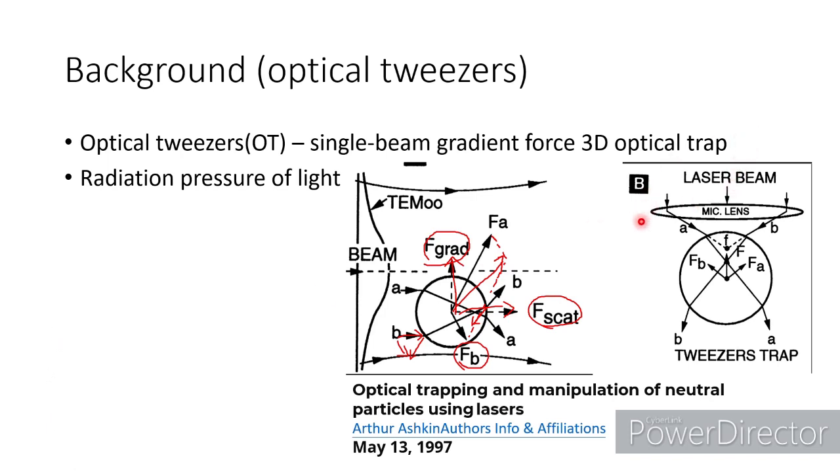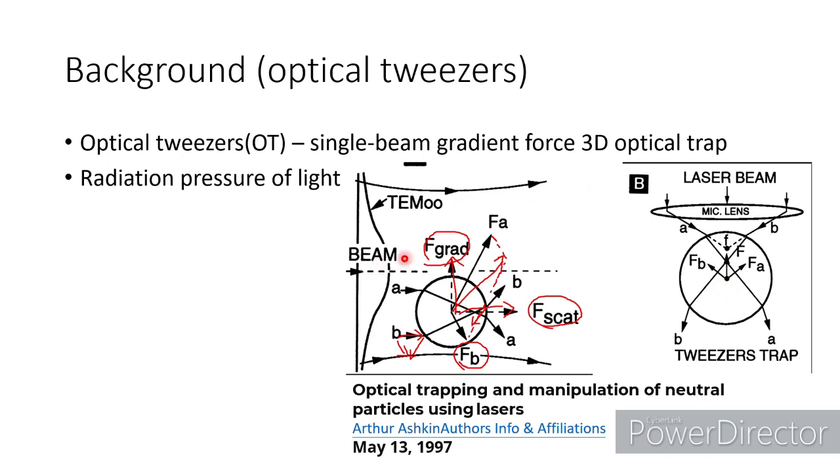Then let's talk about this picture. This is a lens, and its focal length is here. And this is a particle. When the beams come through the particle, it is the same as in the previous picture: FA and FB will lead this particle to the focal point of the beams.